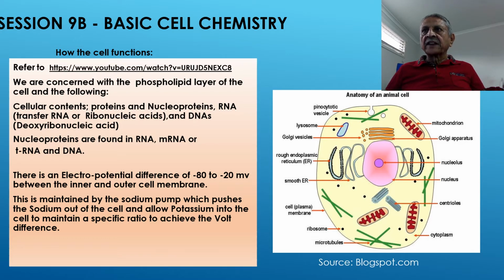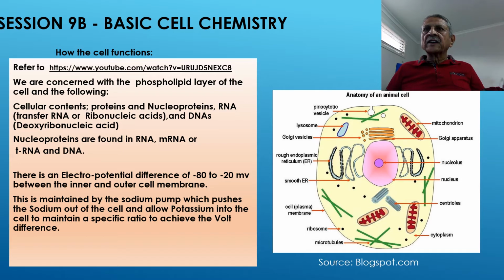The plasma is the one that has got all the nutrients, components that carry the oxygen, carry food materials, etc. Then you have the cell membrane, or cell wall, as we call it in plants.